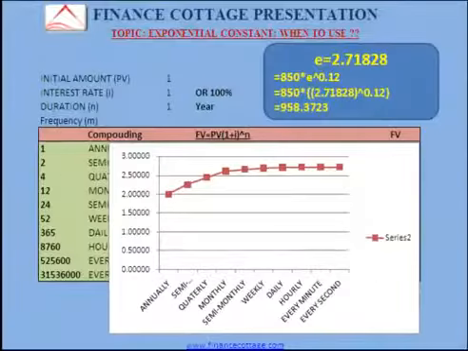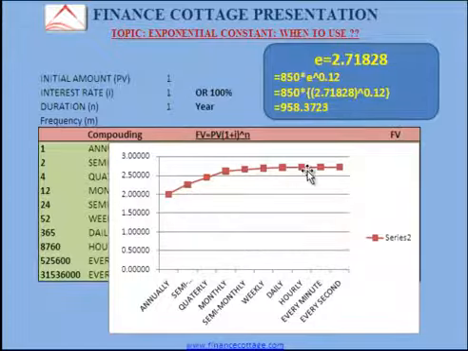Now the question is how to use and when to use the exponential constant, or when to use the continuous compounding concept. Normally the continuous compounding concept is used in financial derivatives, like derivative securities like options and futures, etc. But in this video I'm going to give you a very simple example of using continuous compounding concept.